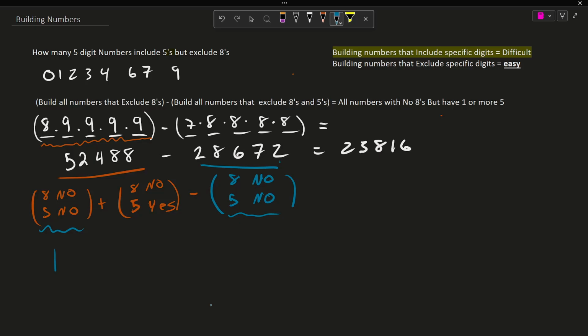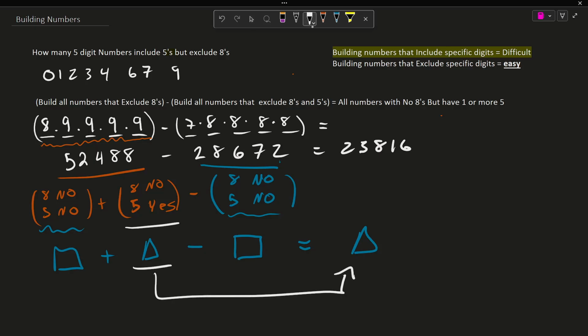So if I take something plus something else and I subtract the same thing, I'm left with that other thing. So I'm left with, if you can see here, this concept, which is no 8's, but yes 5's.